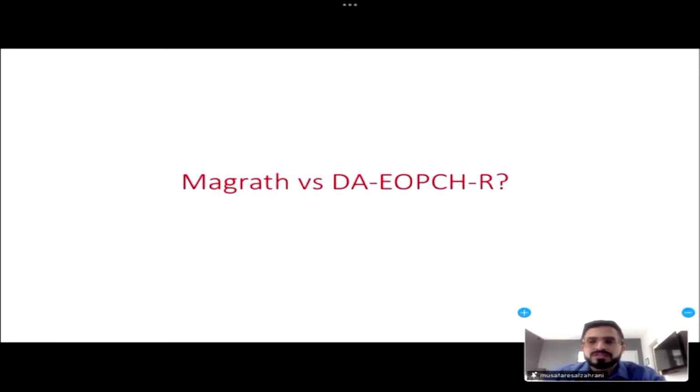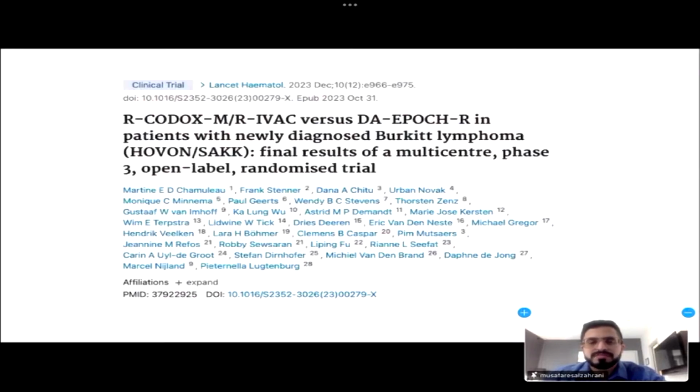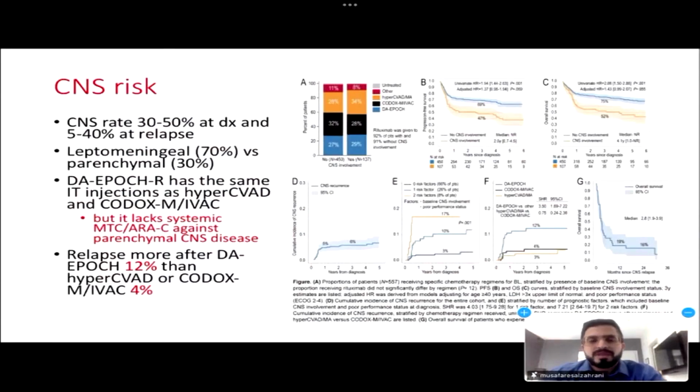So, of course, the logical question is which regimen is better, is it MIGRATH or dose-adjusted EPOCH-R? We do have one randomized trial that looked at this by the HOVON-SAKK group. Before we discuss that, we have to remind ourselves that the CNS risk is quite significant in Burkitt lymphoma, as we mentioned, whether at the time of relapse or presentation.